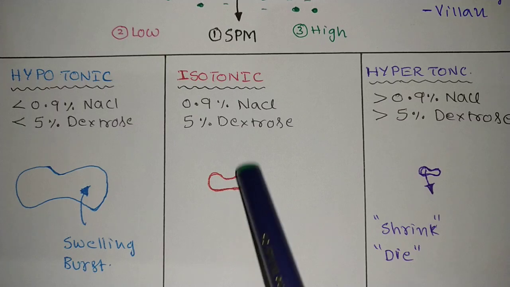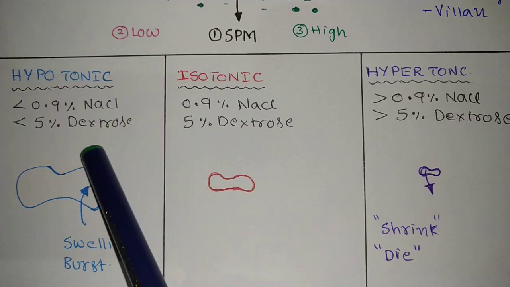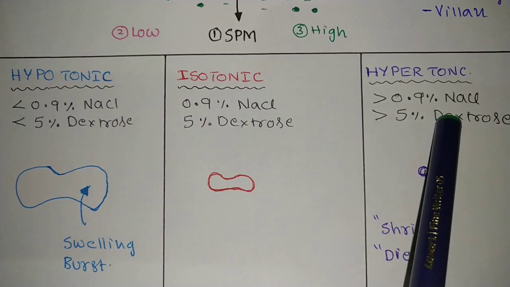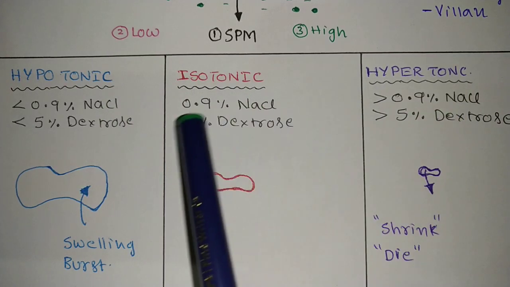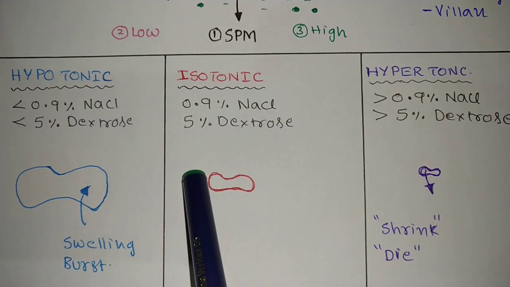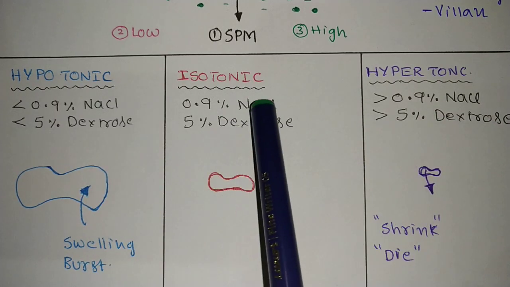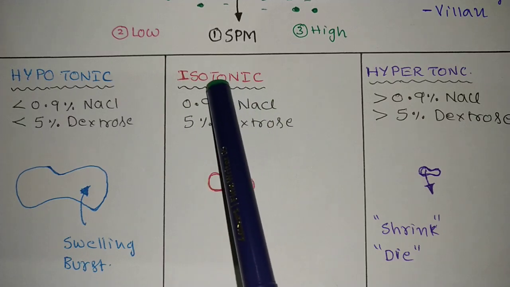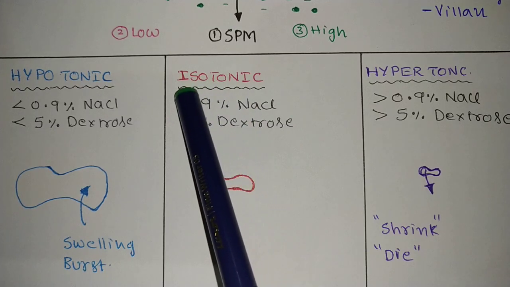Otherwise it may be a problem. If it is less than 0.9% NaCl or greater than 0.9% NaCl, there will be a problem. The RBC will break down. I will explain how it breaks down. That's why 0.9% NaCl is an isotonic concentration with the blood.